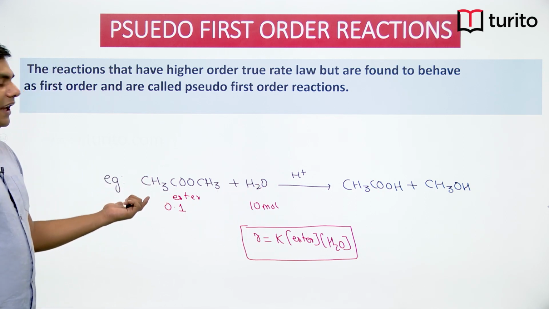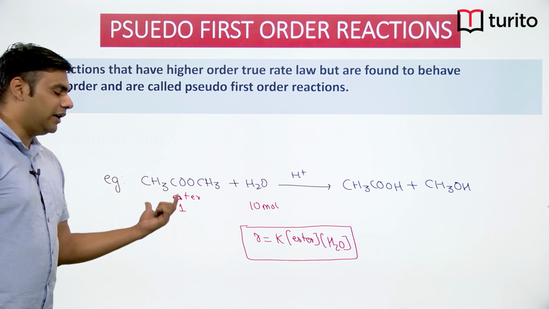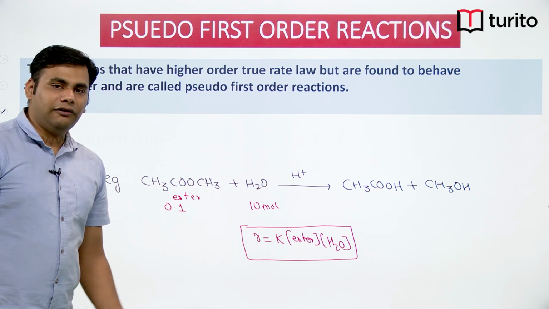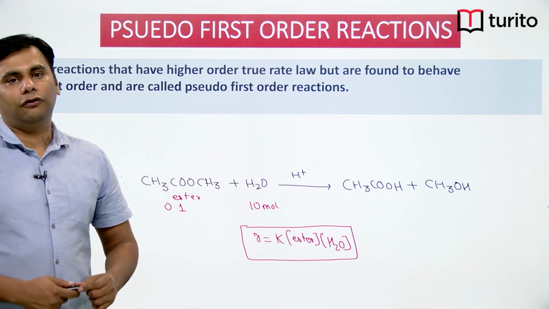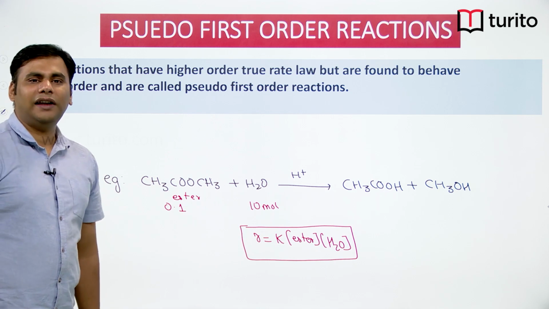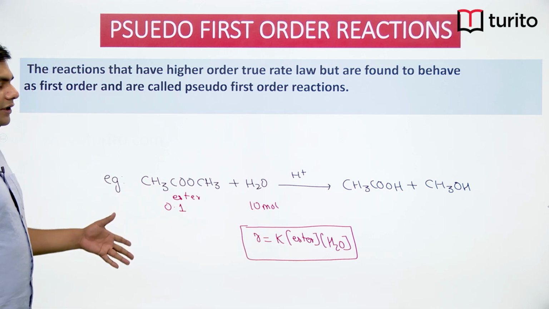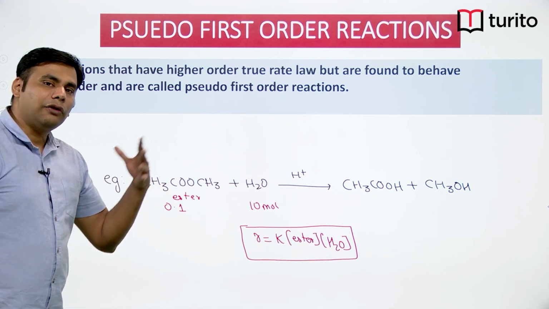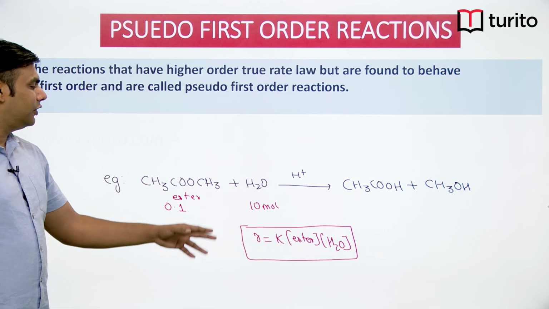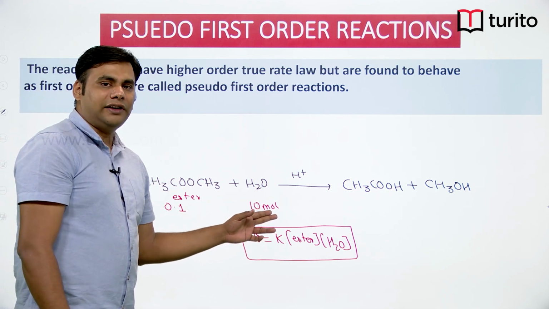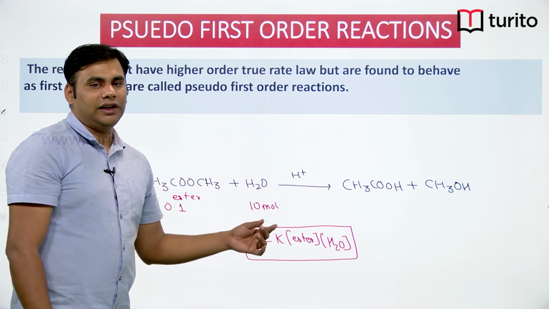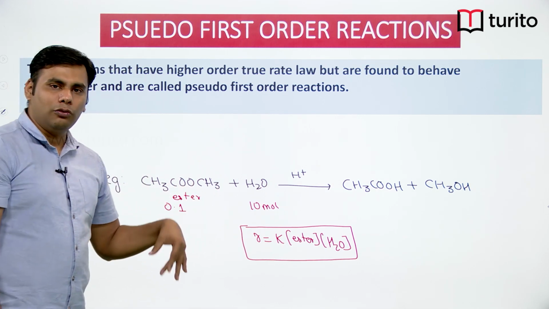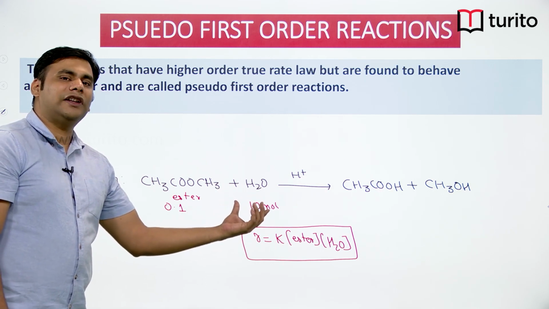Suppose this reaction went to completion, 0.1 minus 0.1 would become 0, and we would be left with 9.9 moles of water, which is practically the same as 10. Because a reaction never goes completely, say some x portion has reacted, where x is smaller than 0.1. So water would be 10 minus x, and we would be left with almost 10 moles of H2O finally.